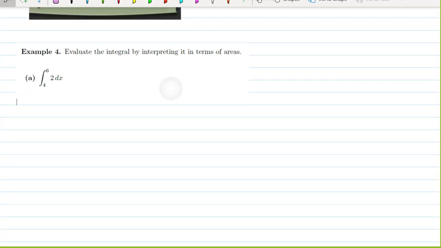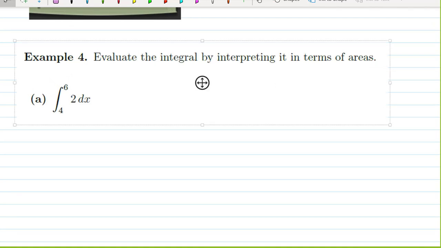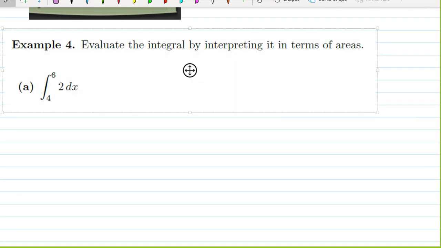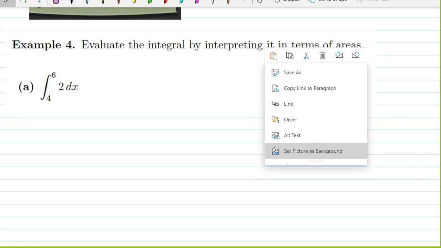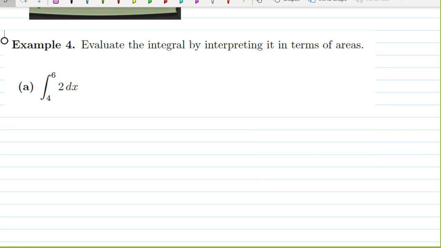So if I were to sketch this integral, I have the integral from 4 to 6 of 2 dx. All right, so let's draw a quick sketch.